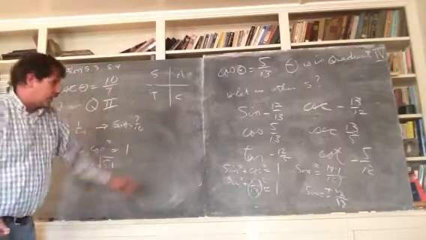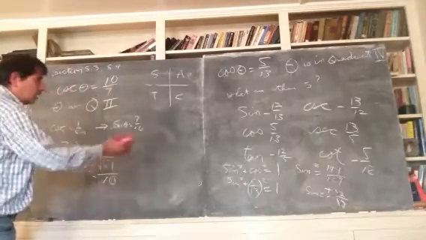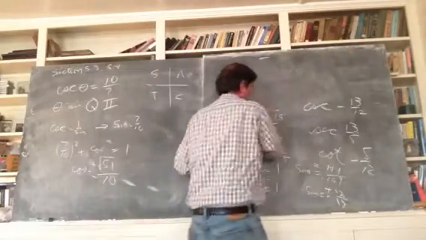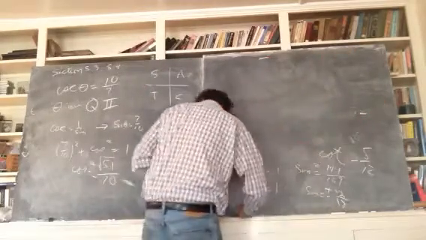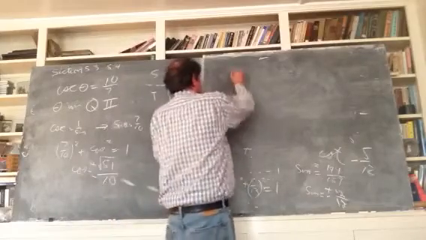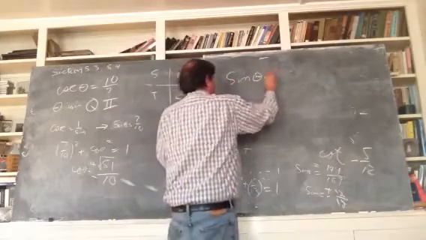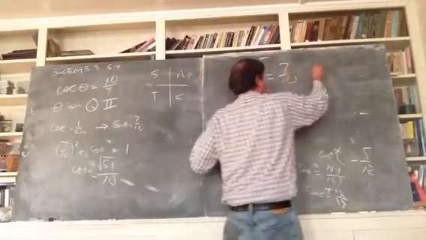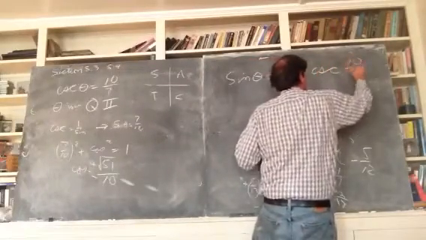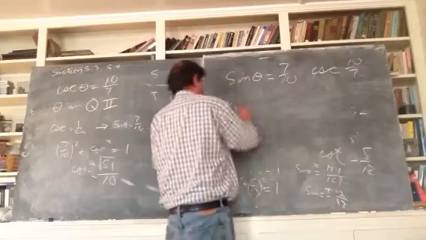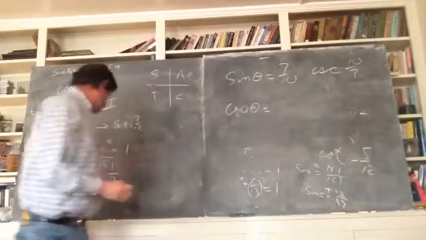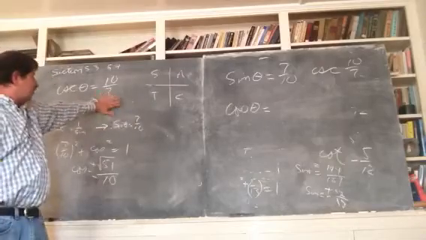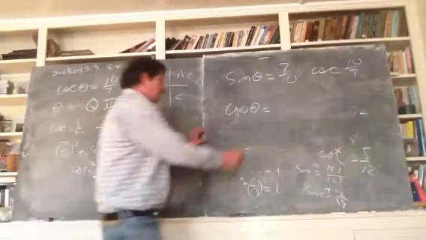So we're going to do a list like this. Sine, we already have, is 7/10. Cosecant is what was given, 10/7. Cosine theta, that's what we just figured out, is negative square root of 51 over 10, because of this information, it's in quadrant 2.